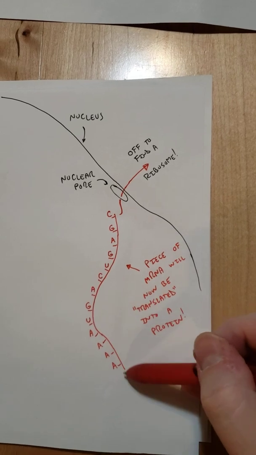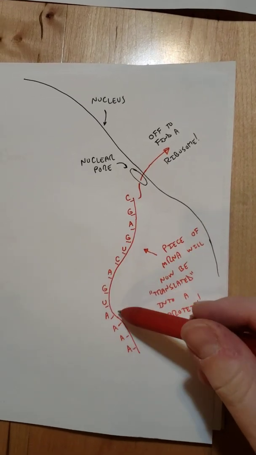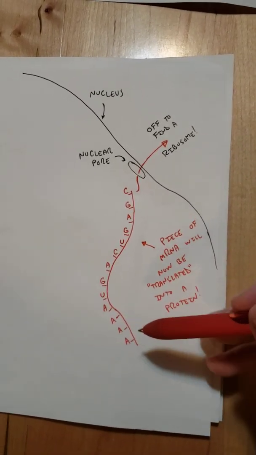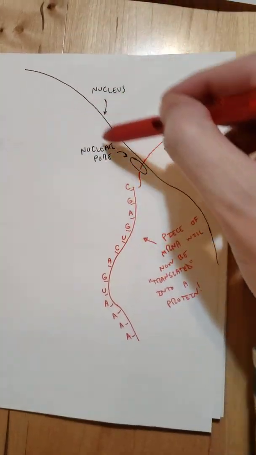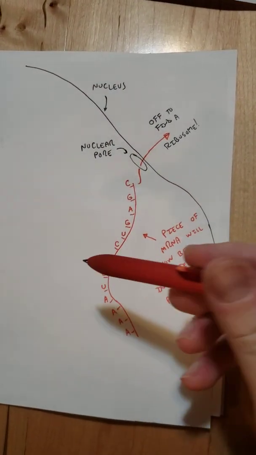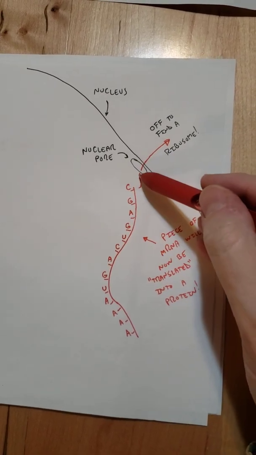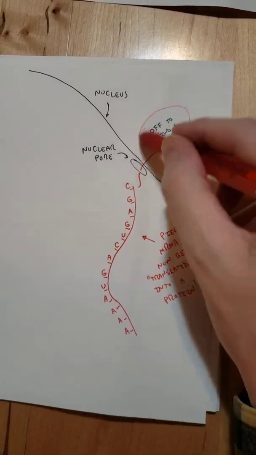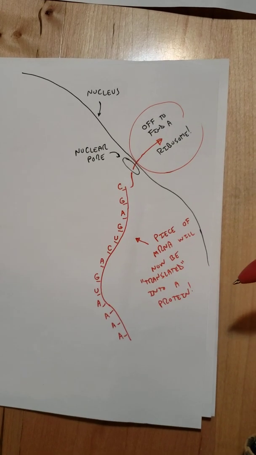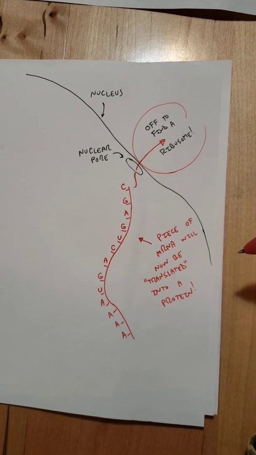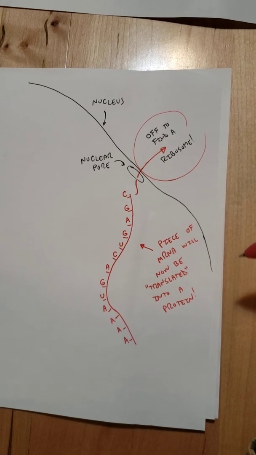And if you see these extra adenines at the end, I did my little polyadenylation at the end of my strand. And so again, this whole thing is in the nucleus. Everything, the DNA is in the nucleus. So this is in the nucleus. So our piece of RNA is going to find a nuclear pore, and it is off to find a ribosome, and we're going to get into our second step of gene expression called translation.